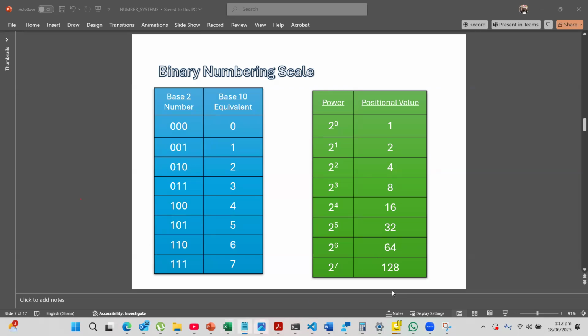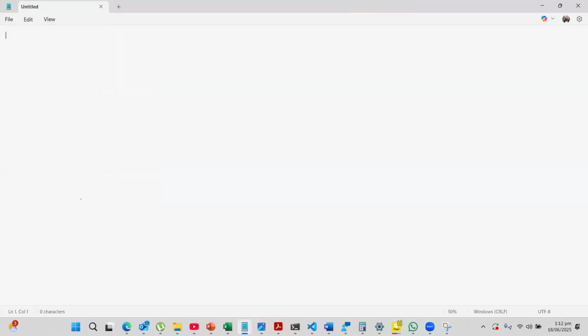A good way to explain the positional value would be this. So let's say I have something like this. The positional value of this 5 is what?